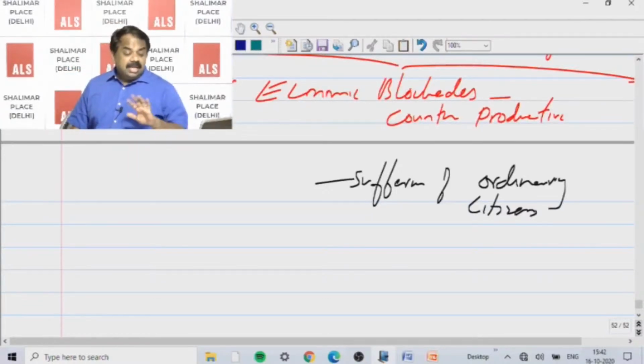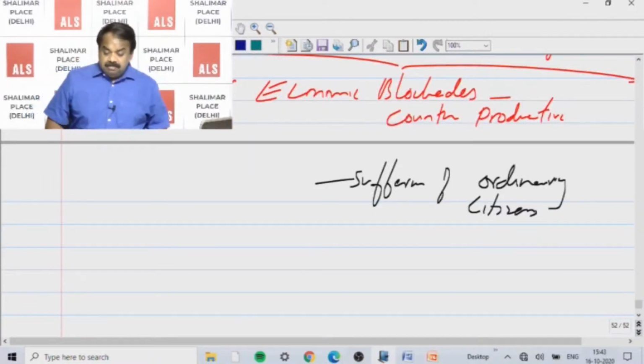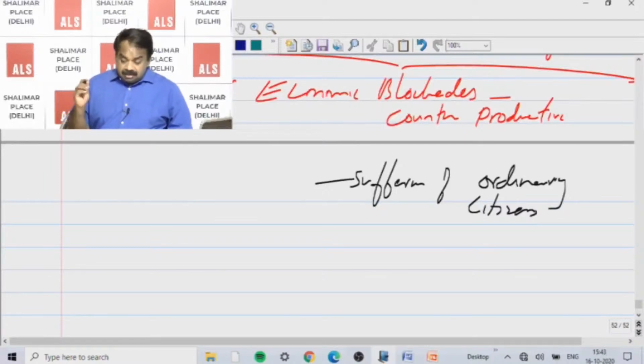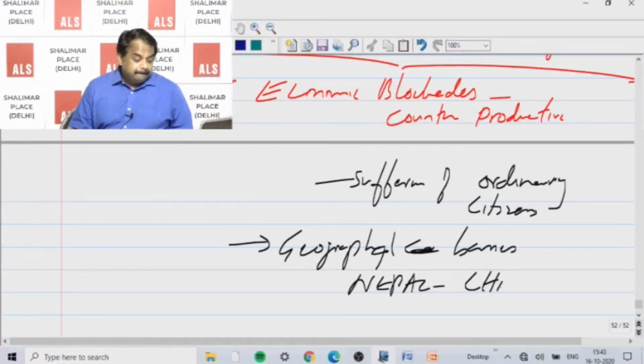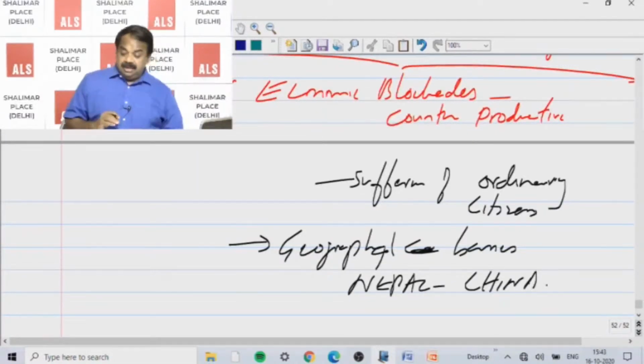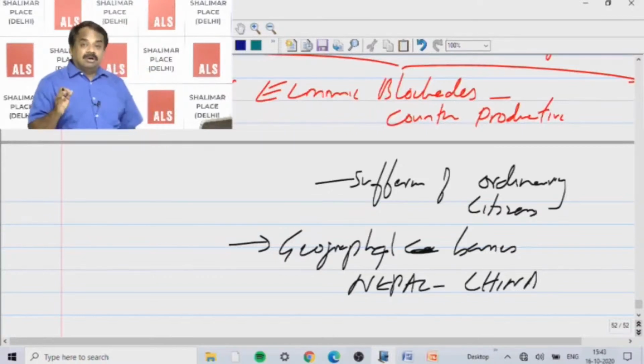It can always be a problem, in the short term and the long term. One more point: the geographical barrier between Nepal and China should not be seen as an essential block.